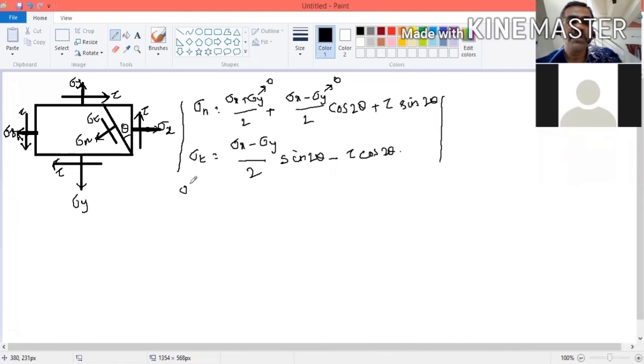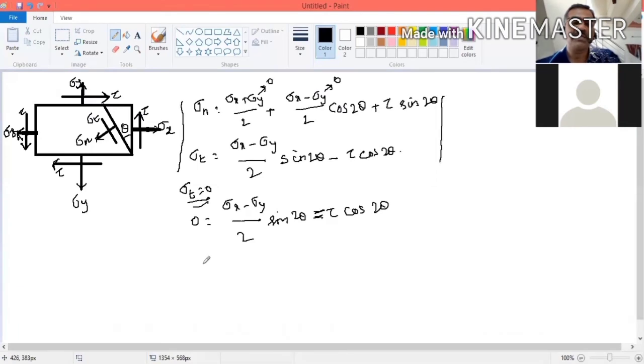So now what we are going to do is equate this to 0. You substitute sigma t equal to 0. 0 is equal to sigma x minus sigma y by 2 sine 2 theta minus tau into cos 2 theta. Now you take this to the right side, so minus becomes plus. The equation will be like this.